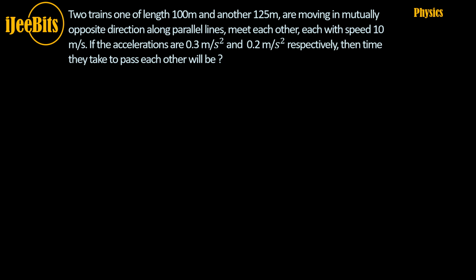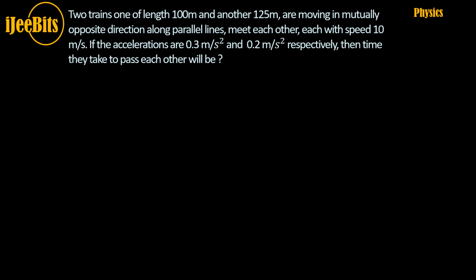So what is given? The lengths of the trains are given, moving in opposite directions along parallel lines. Sounds to me this is a relative speed story. And the speed is also given, 10 meters per second, each train moving in opposite directions. Their accelerations are also given, right?